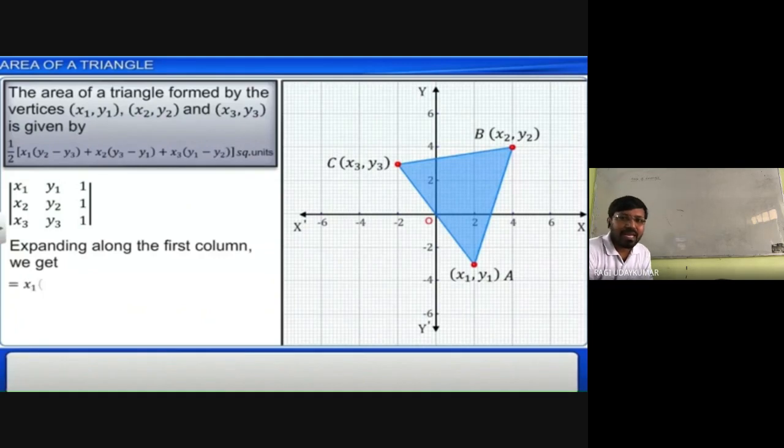If you expand along the first column, what do you get? x1 into y2 minus y3, minus x2 into y1 minus y3, but that can be written as plus x2 into y3 minus y1.